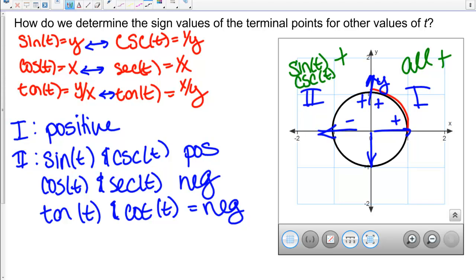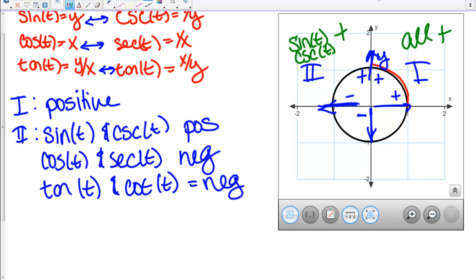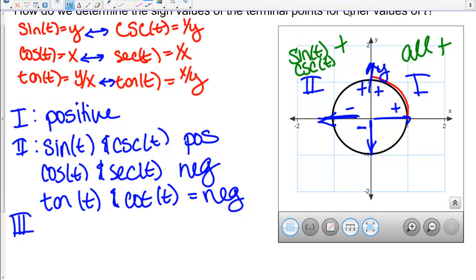In the third quadrant, we have negative x and negative y. So that means that sine, cosecant, cosine and secant are all going to be negative. So all of these are negative.